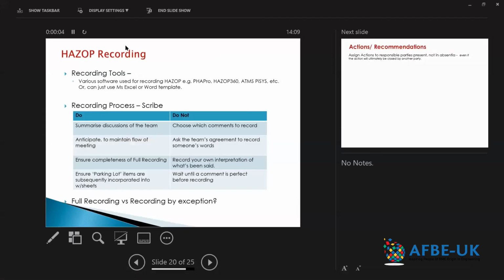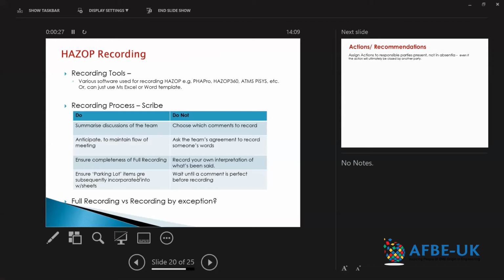Now, recording. I mentioned full recording versus recording by exception earlier on. Full recording is the standard, what you should do: recording all the deviations, all the causes, all the consequences, safeguards, and actions and recommendations.